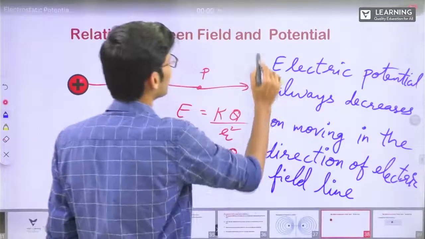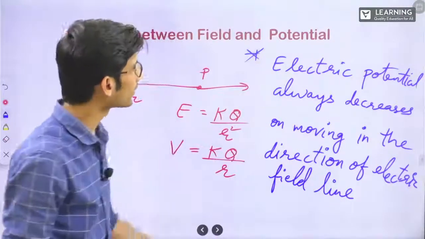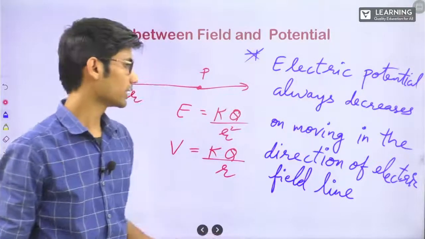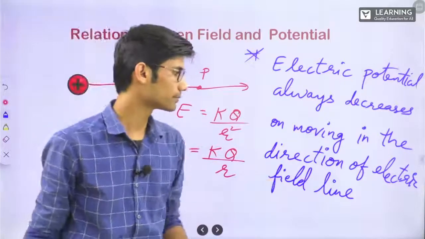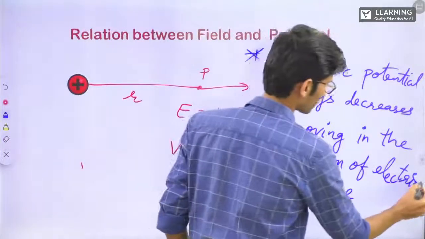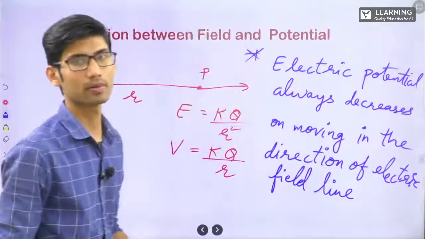Clear? Electric potential always decreases in the direction of electric field line. Done.